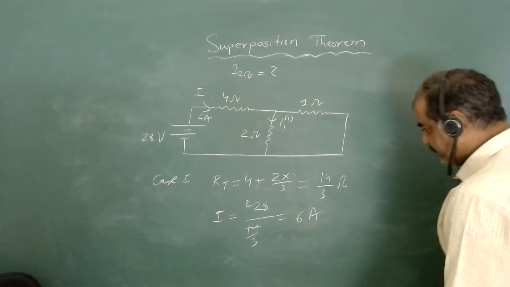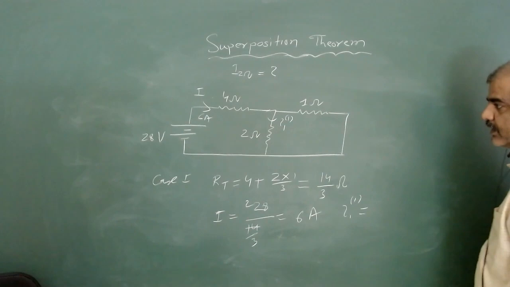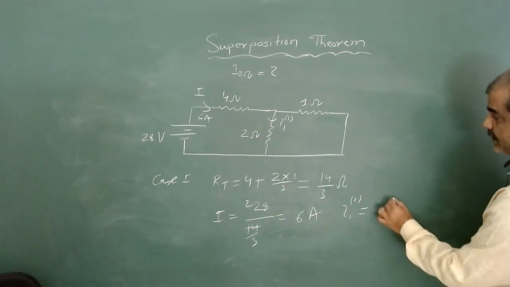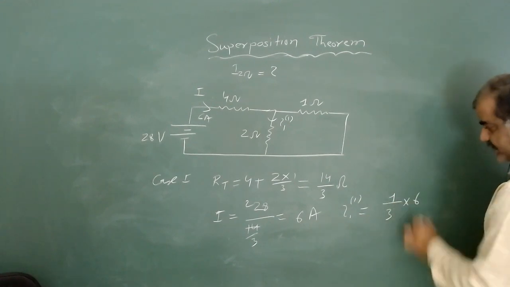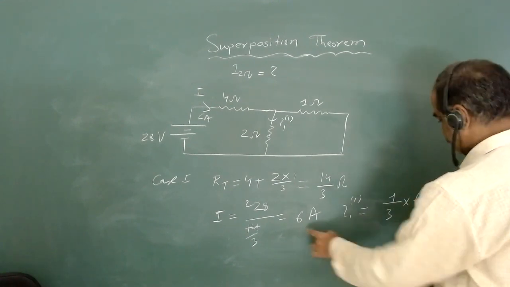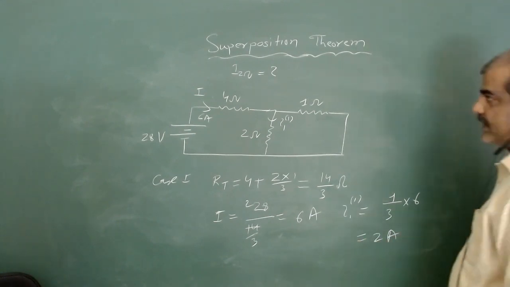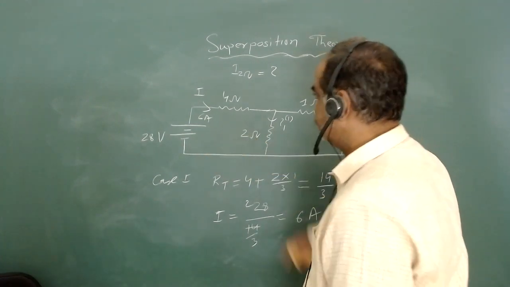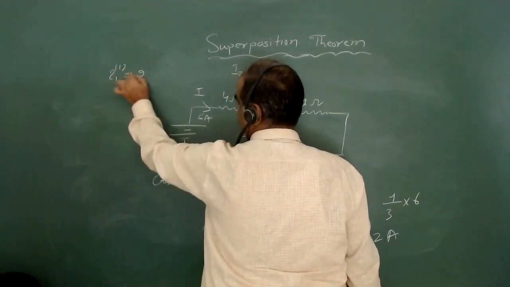Applying current division, I1 in case 1 will be 1 upon 3 into 6. The total current is 6, so this gives me 2 ampere. That means the current due to the 28 volt battery in the 2 ohm resistance is 2 ampere.